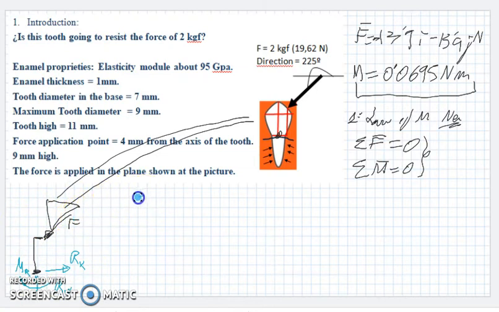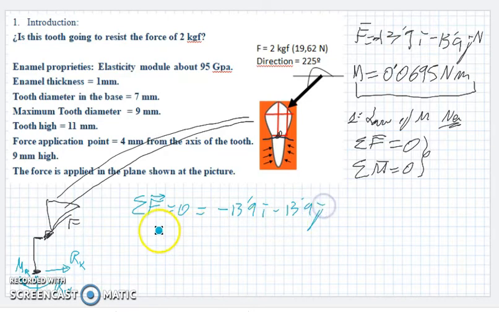So it means that all the forces added must be zero. It means that this force, which is minus 13.9 i minus 13.9 j, plus Rx i plus Ry j, they are zero.